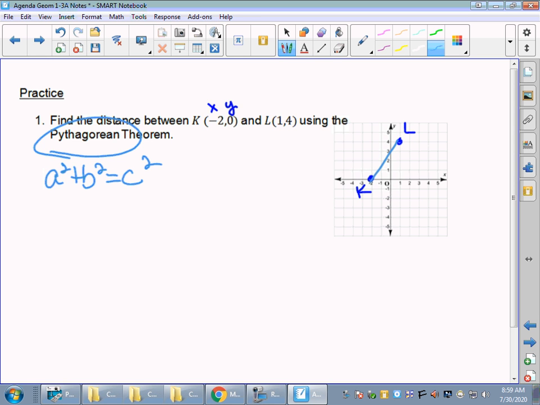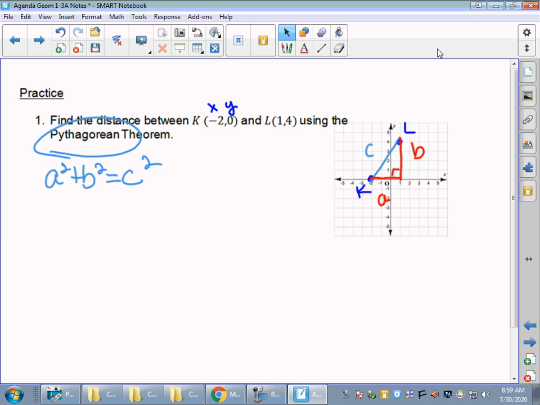It looks to me like that slanted side, KL, is C, the hypotenuse. We need some legs. So I'm going to draw straight down from L and straight across from K. That forms myself a right angle.